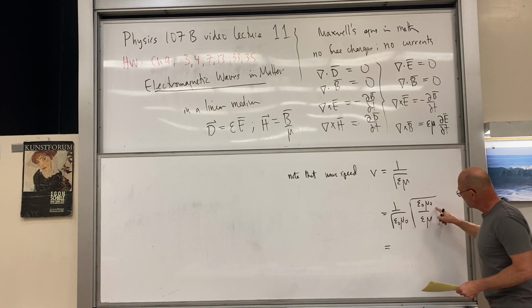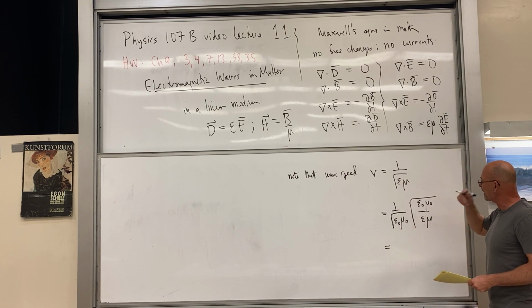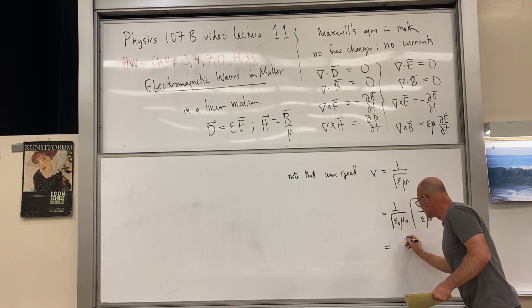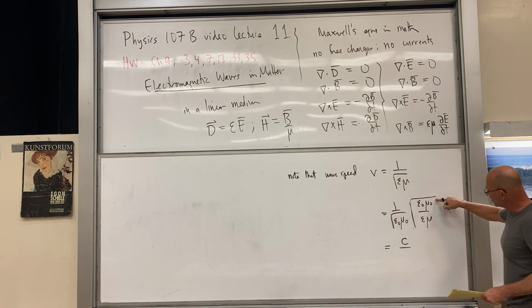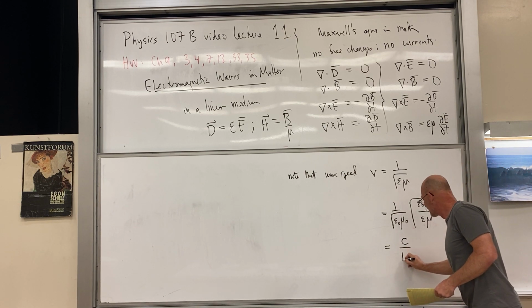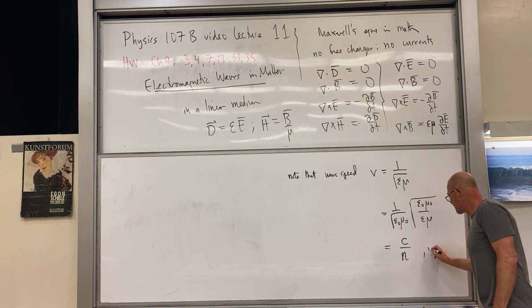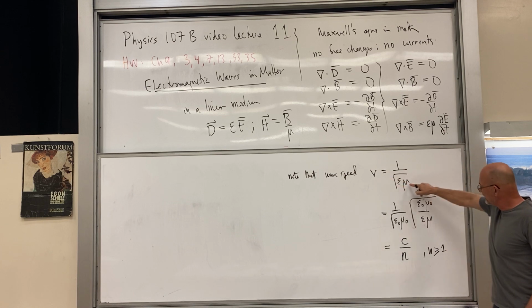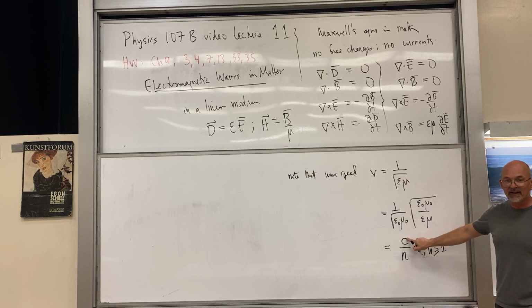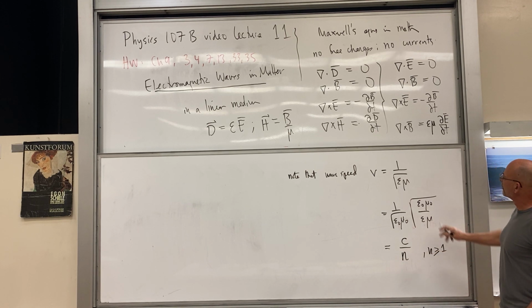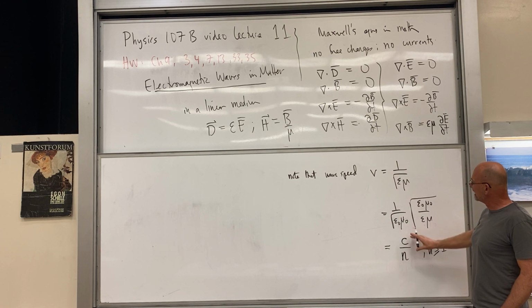And so this is going to be n, and this is going to be c, the speed of light in vacuum, and this is going to be 1 over n, okay? So this is what we'll call the index of refraction. It's going to be greater than 1, and the speed of the wave in matter is less than or equal to the speed of light in vacuum. So yeah, we'll just use v now instead of c. Good.